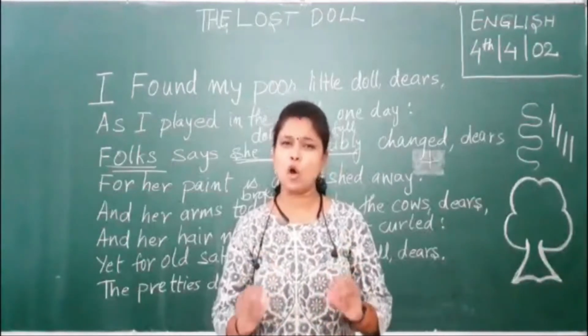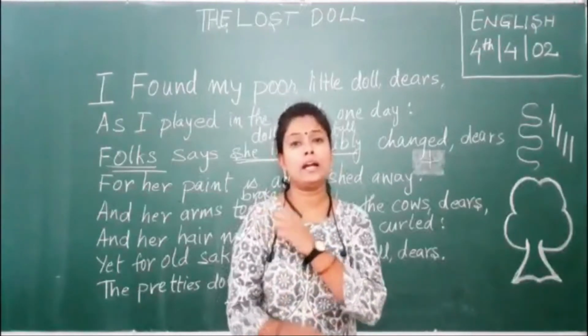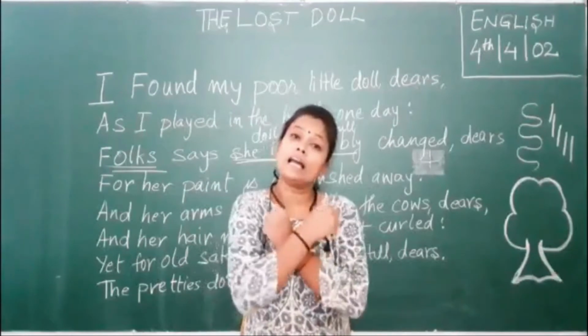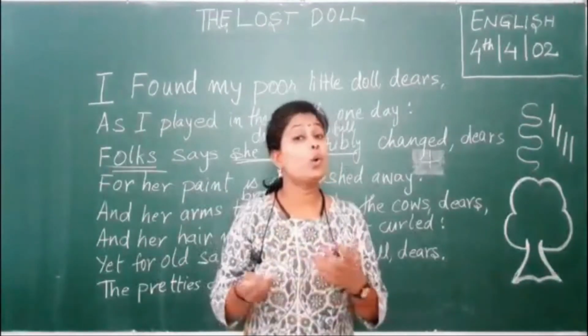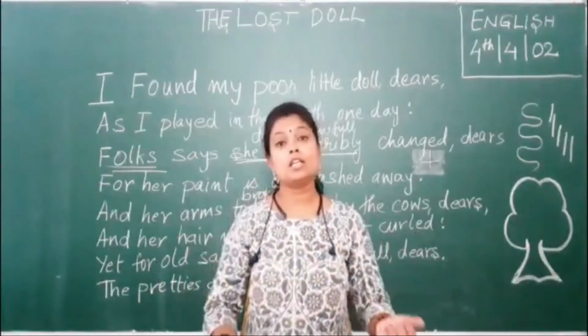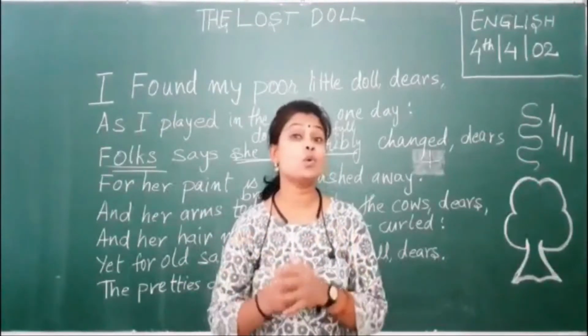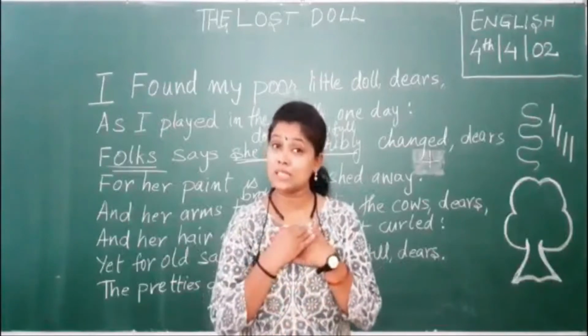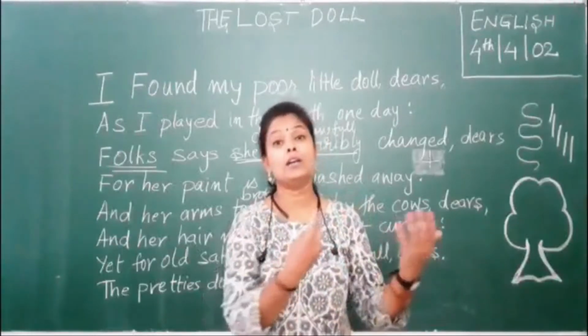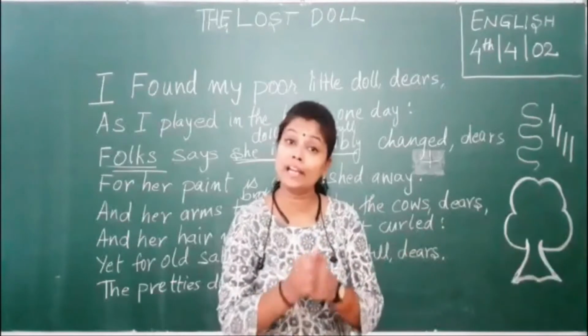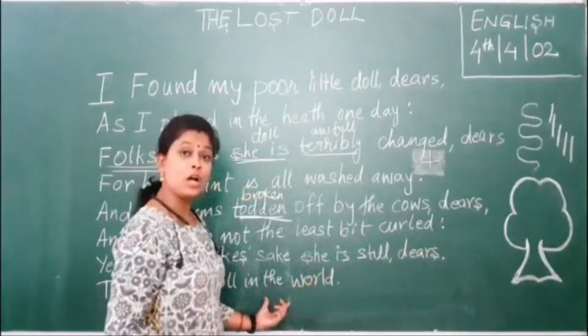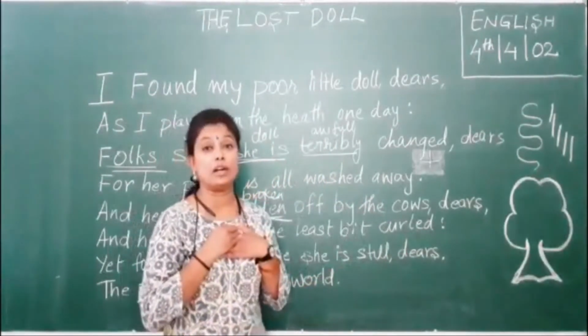If she looks awful, if her hand is trodden away, still I like it very much. Why? Because she was my favorite doll. And whose mistake was it? It was my mistake, as I lost her in the field. So I am going to keep my doll.